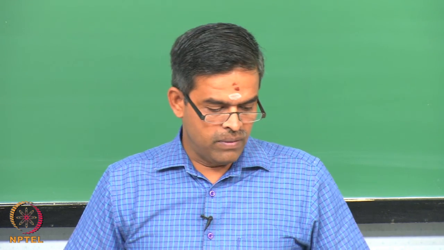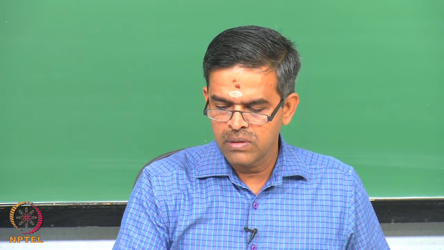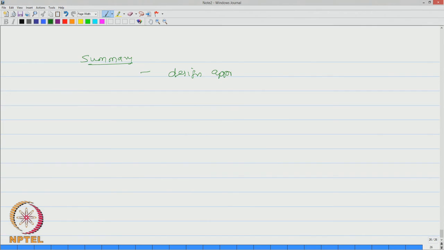So, friends, in this lecture we discussed the design approach, we discussed the partial safety factors that account for uncertainties. We also discussed the fire limit state.